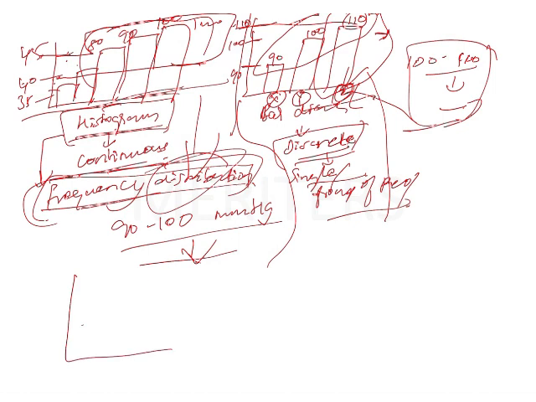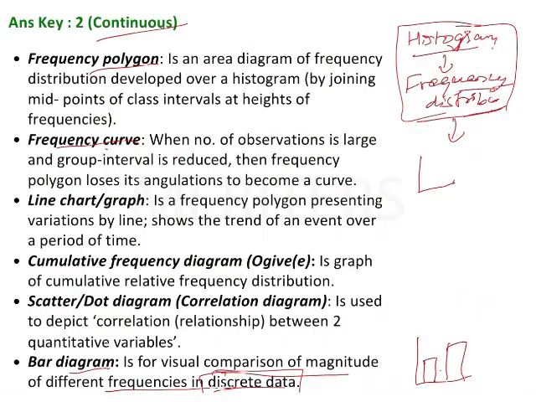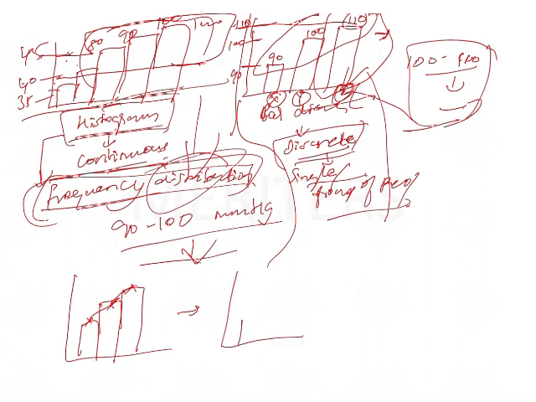Say for example, this is a histogram. They will mark the central point and join the center points using the scale in straight lines. If they didn't use a straight line and made it a curve with the same histogram, marking the same center points but drawing by hand, then it is called a frequency curve.